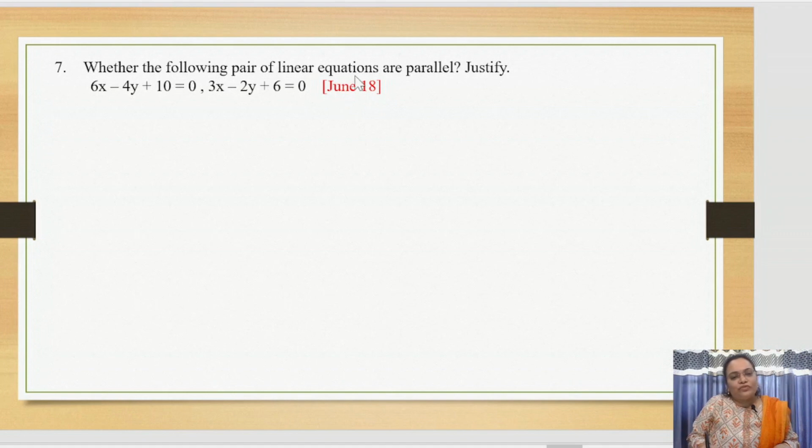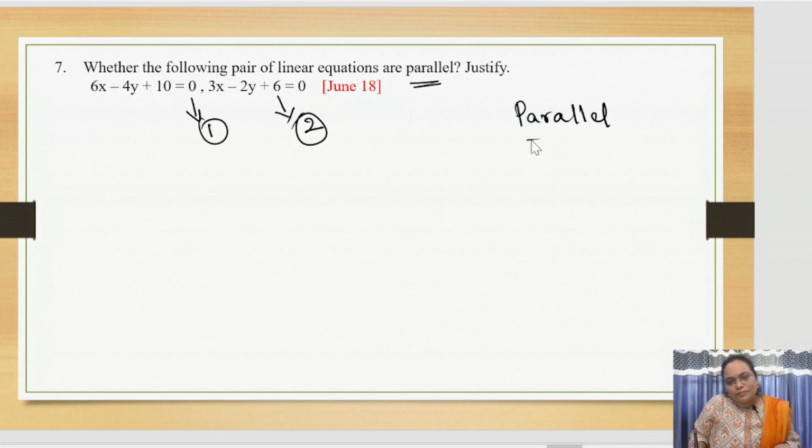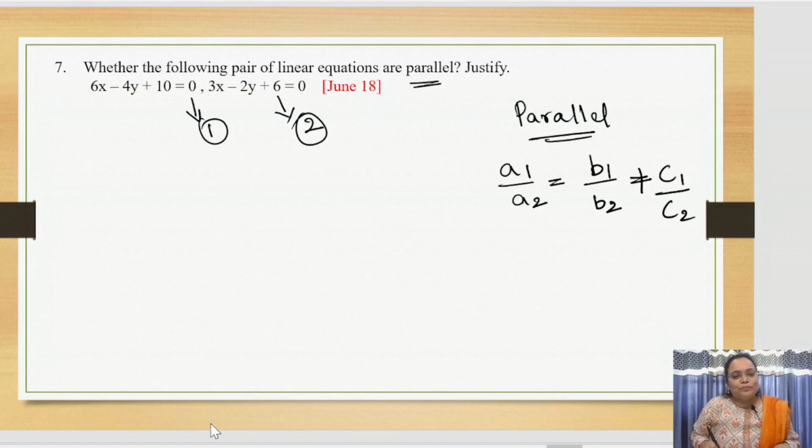Whether the following pair of linear equations are parallel, justify. We need to show if these two linear equations are parallel. So let us take this equation as equation 1 and this equation as equation 2. And what is the condition for parallel lines? The condition for parallel lines is a1/a2 = b1/b2 ≠ c1/c2.